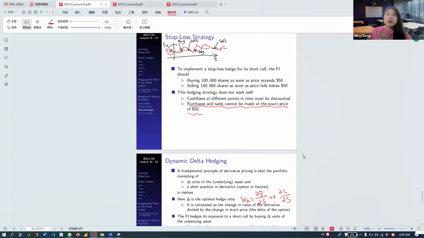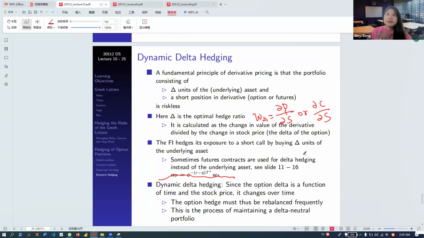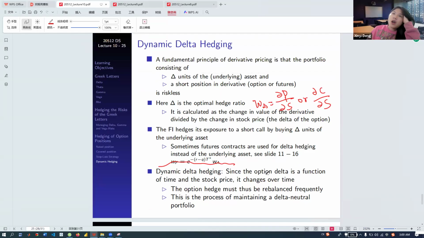For dynamic delta hedging, the idea is just that the option delta is a function of time and the stock price, which we discussed earlier.